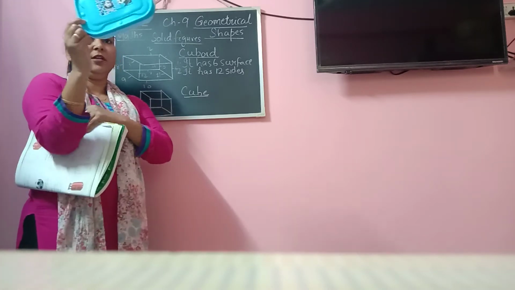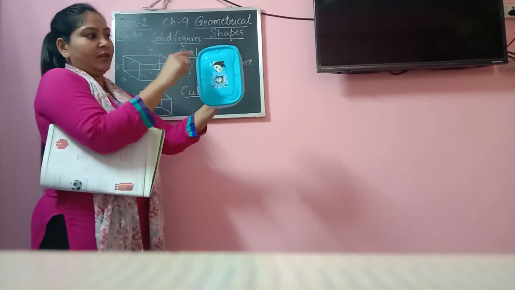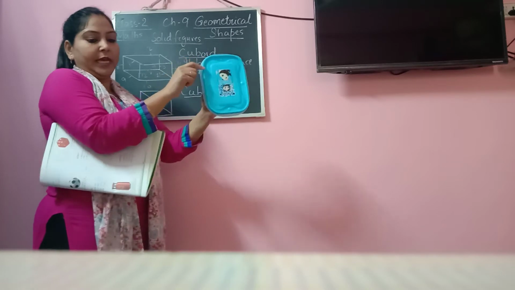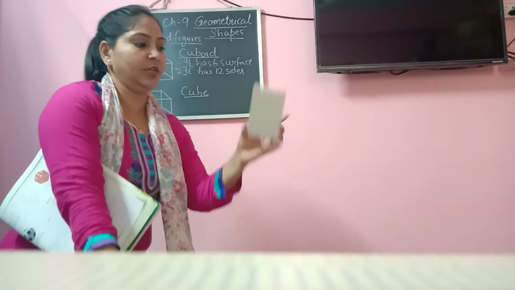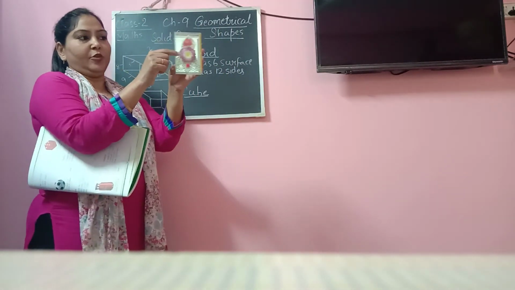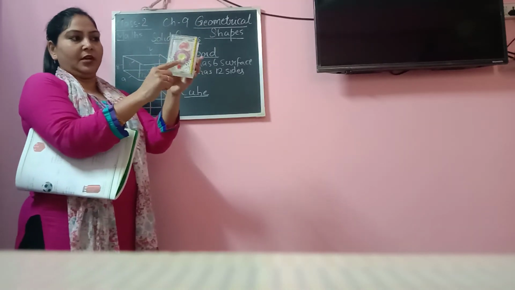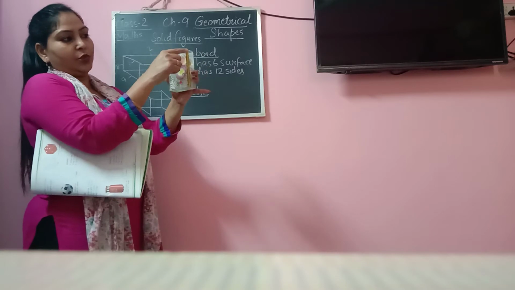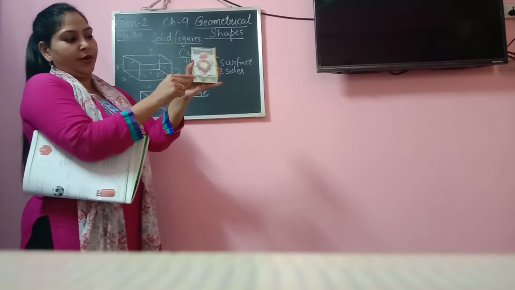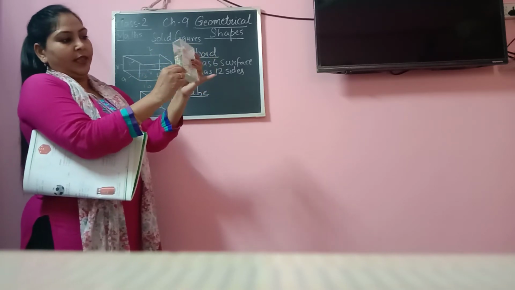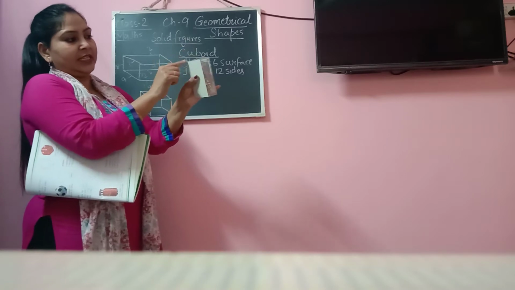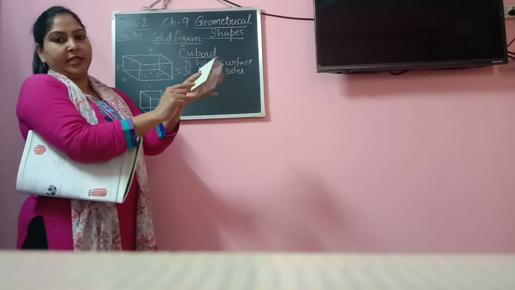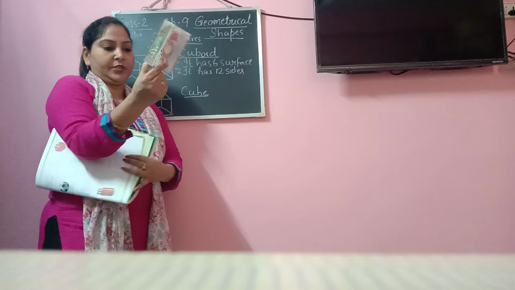So this is your cuboid, corner 1. Okay, I think in this you can see the corners properly. So 1, 2, 3, 4, okay, then 5, 6, 7 and 8. So it has 8 corners.